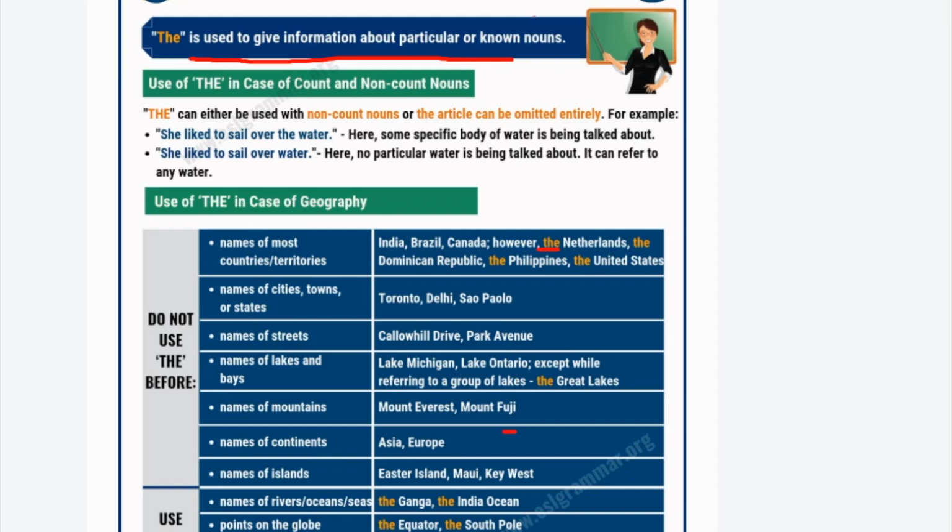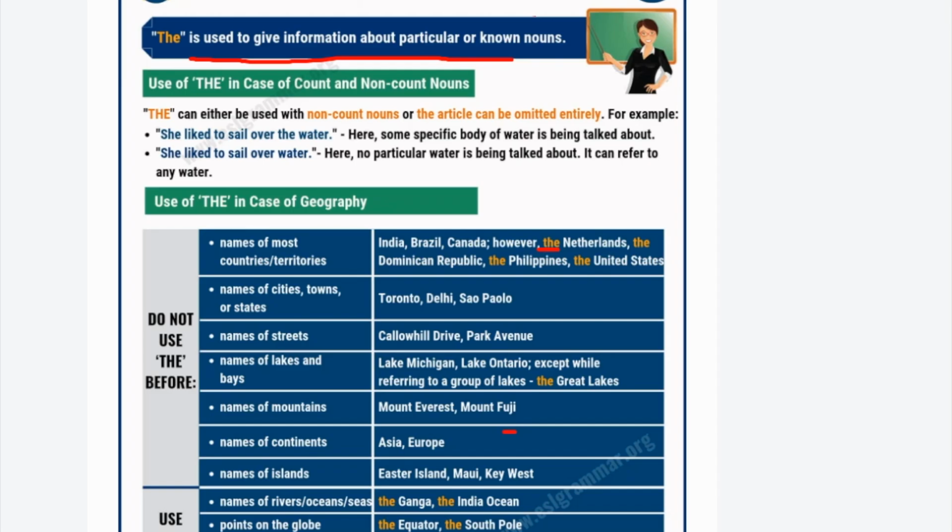We don't use any article before the names of cities, towns, or states, and before the personal names of people: Toronto, Delhi, São Paulo.